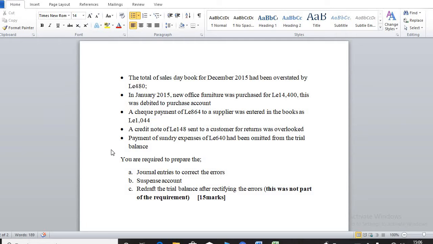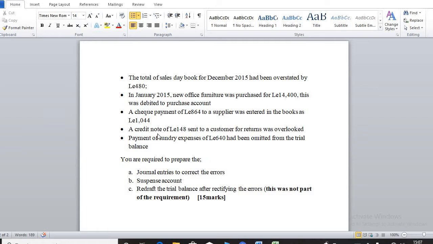Okay, so we are saying that a customer received a credit note from us, but then it was overlooked in the books of the business. The key word here, overlooked, means it was not recorded in the books of the business. The accountant forgot to record it.